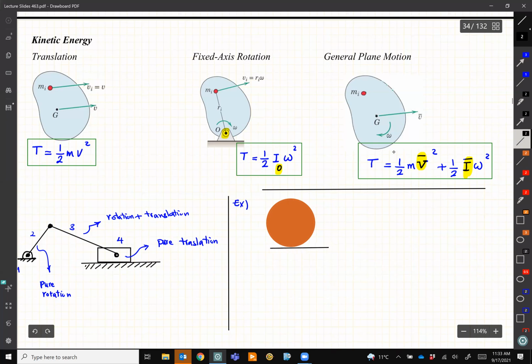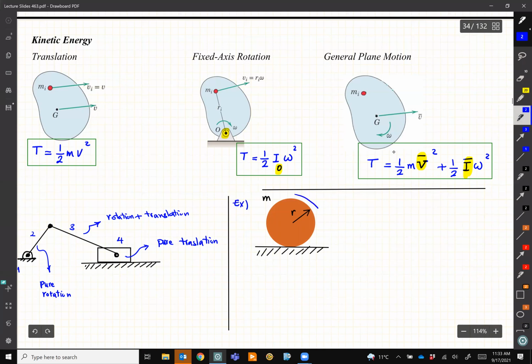This disk has radius R and mass M, and let's assume it is rotating with velocity omega, and the question told us that it rotates without slippage.